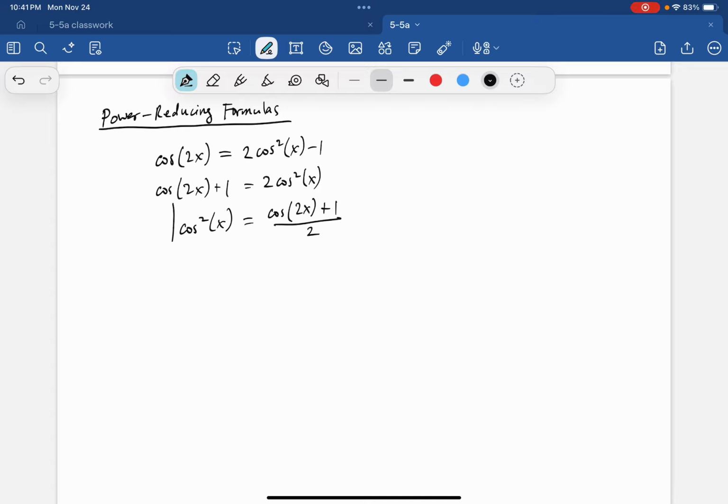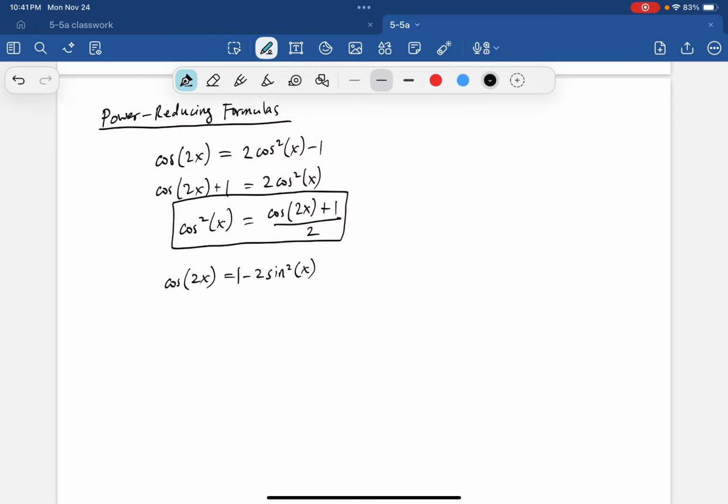This is our first power reduction formula for cosine. Cosine squared equals cosine 2x plus 1 over 2. It helps us to write cosine squared in terms of only single powers of cosine. The same can be done for sine squared. We start from our cosine double angle formula, this time the third one, 1 minus 2 sine squared.